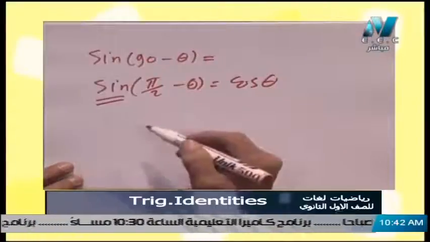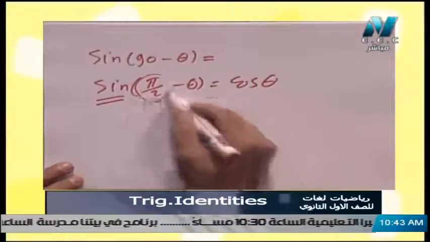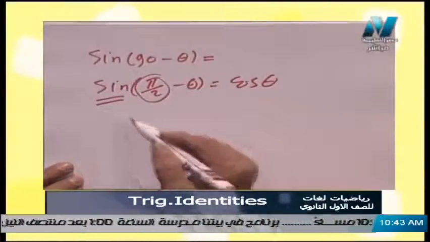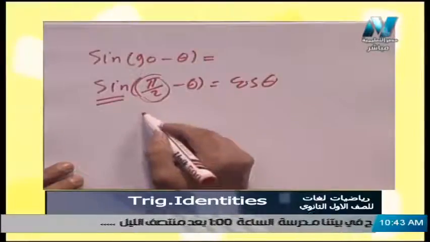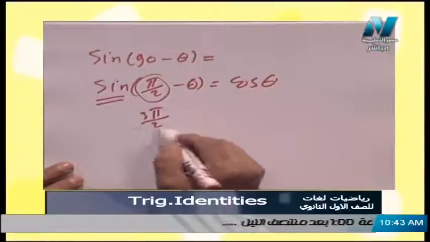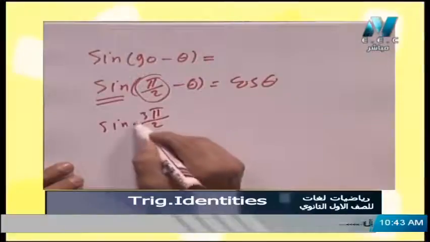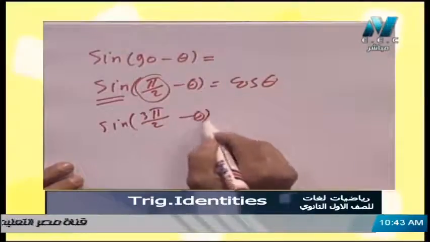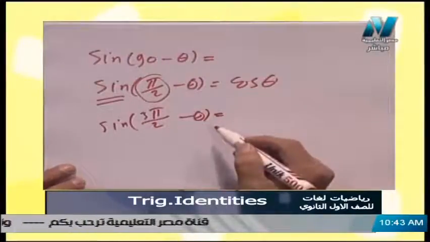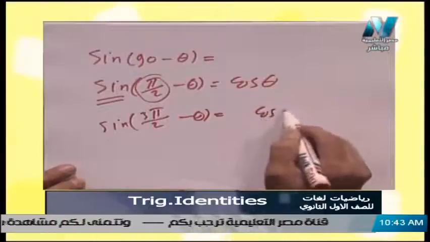The function changes when using pi over 2, and also when using 3 pi over 2. So sine of 3 pi over 2 minus theta also equals cosine theta.